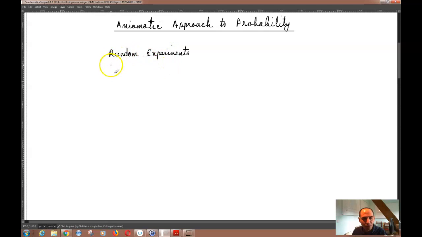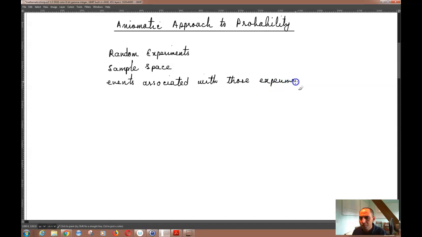We have talked about the sample space of those experiments, and we have talked about the different events associated with those experiments.